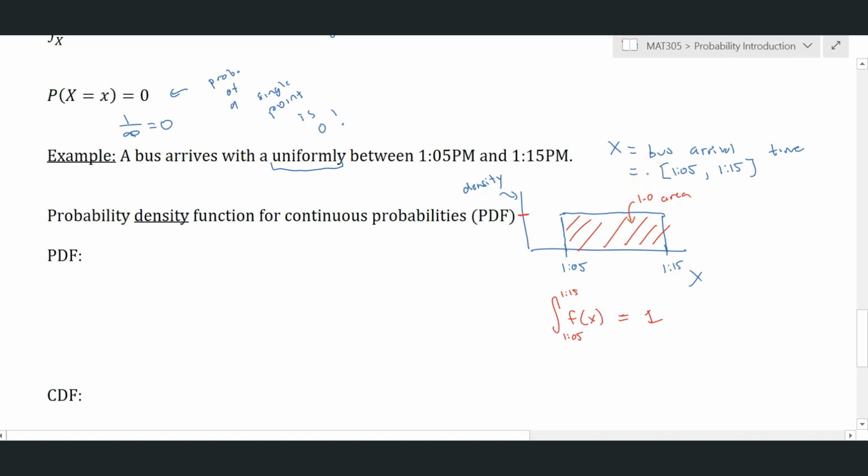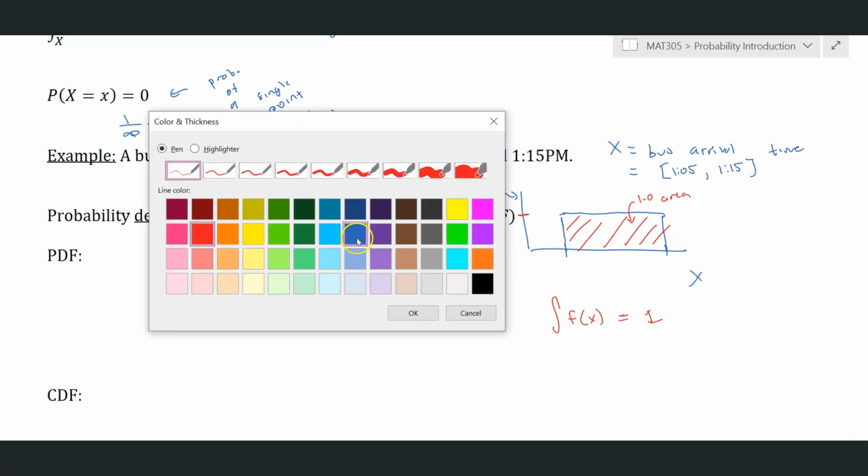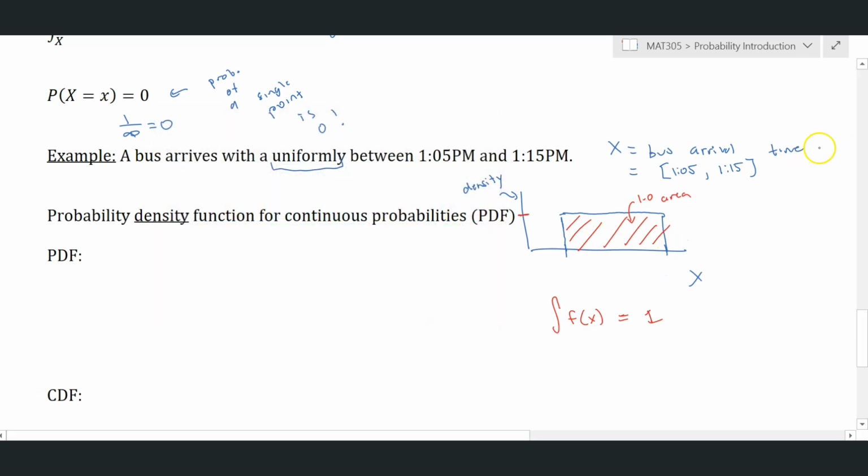Well, one way to figure that out, let's define it this way. Let's say that instead of using the actual times, minutes after 1:05. So rather than to have to actually do the physical time, we have numerical values, and it'll go 0 to 10, right?